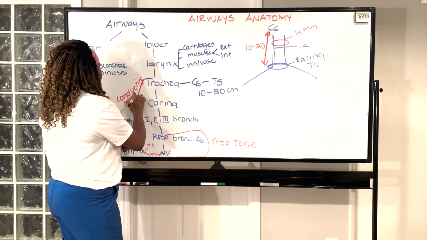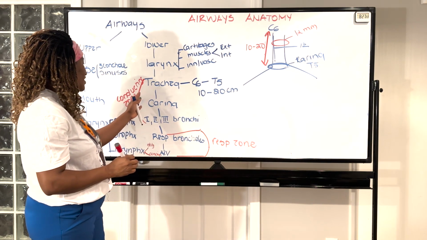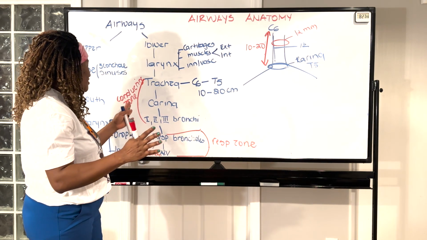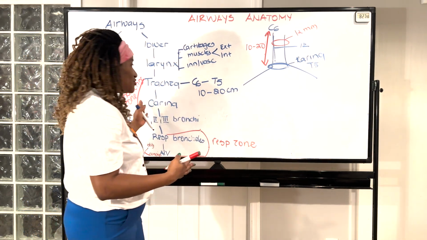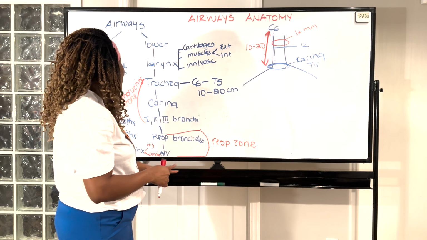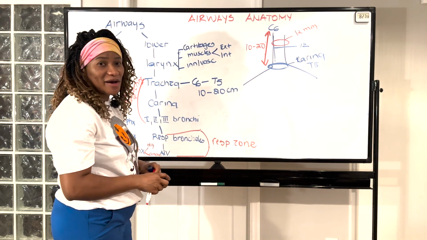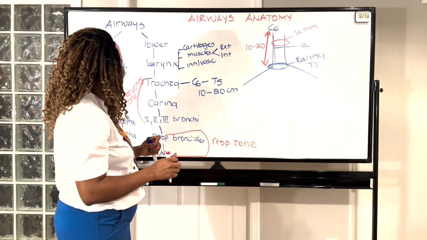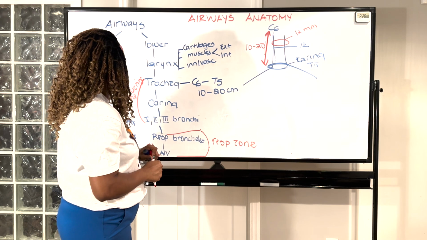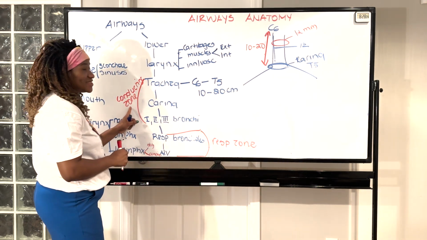Conducting zone, and this is where you have the shunt, where you have ventilation but you don't have perfusion, right? I will make a video about the shunt versus dead space. But in your conducting zone, you have a dead space.